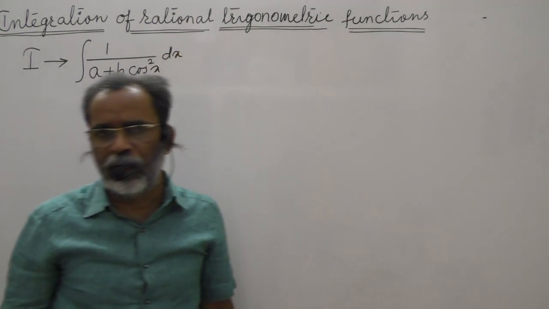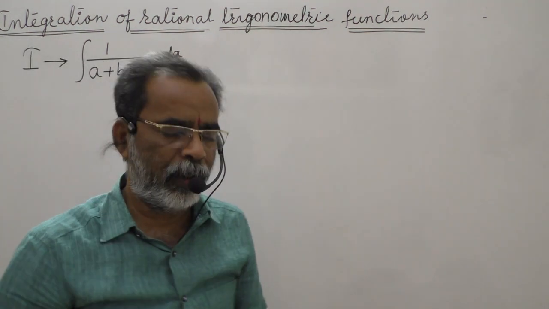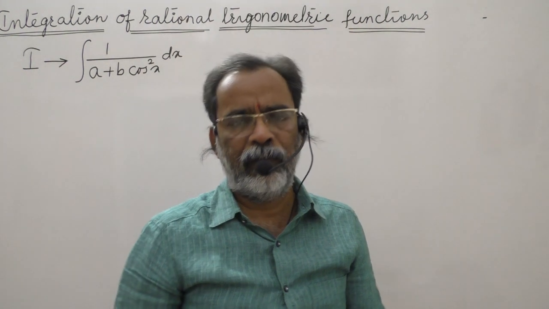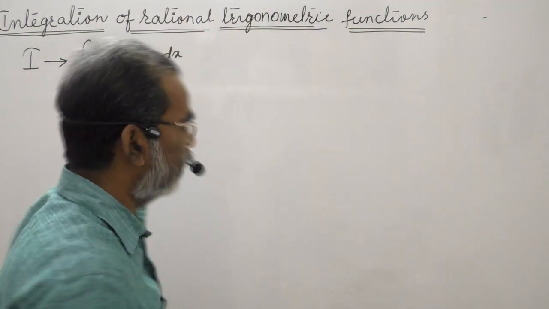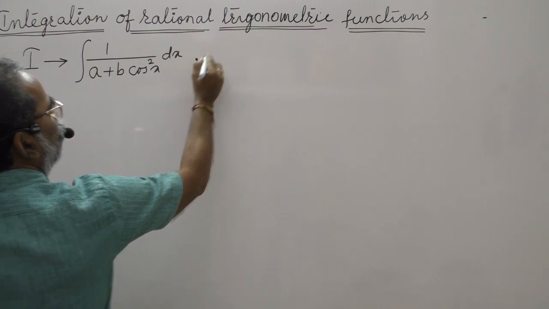Rational trigonometric functions means fractions involving trigonometric functions. This is the first one.